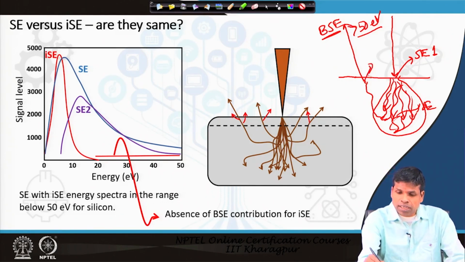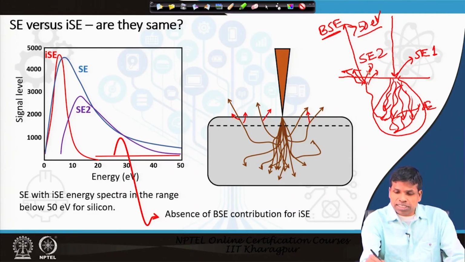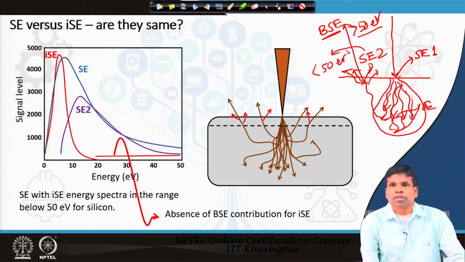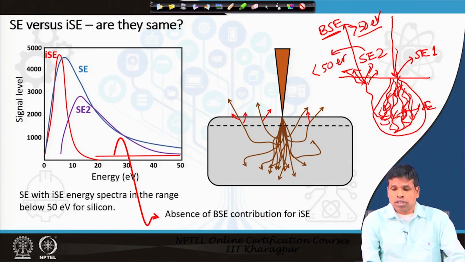So here also some secondary electrons will be generated, designated as SE2. This SE2 also has energy less than 50 electron volt, that is why we say secondary electron. More SE2 are generated because the electrons lose energy upon interacting with the material, and while coming out they produce more SE2 because their energy becomes less.